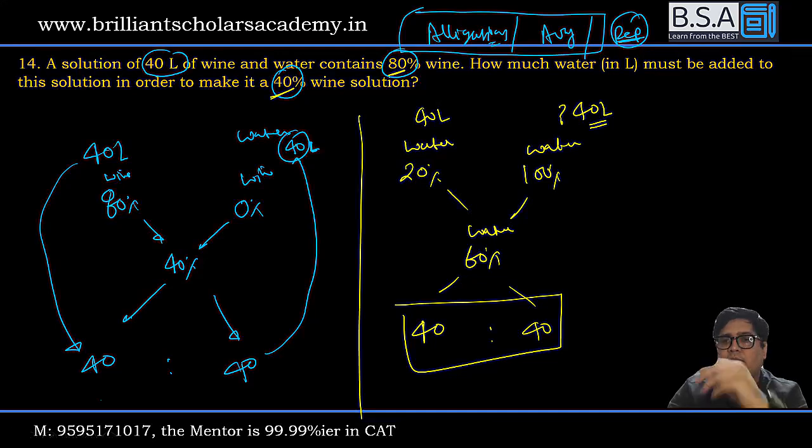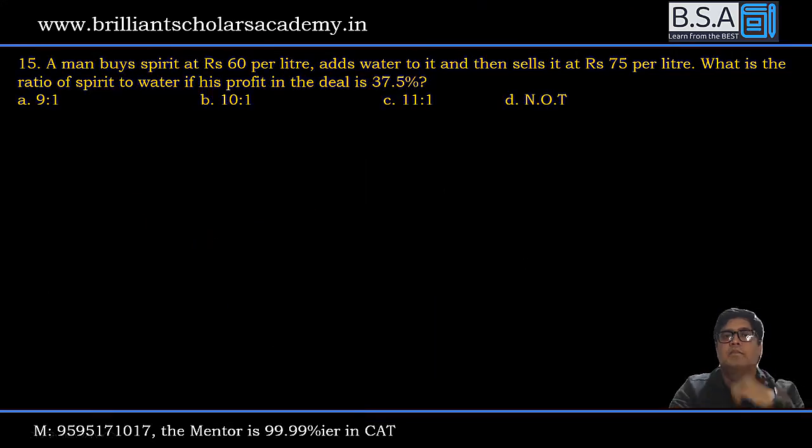Moving on. Give it a try. A man buys spirit at rupees 60 per liter, adds water to it, and sells it at rupees 75 per liter.